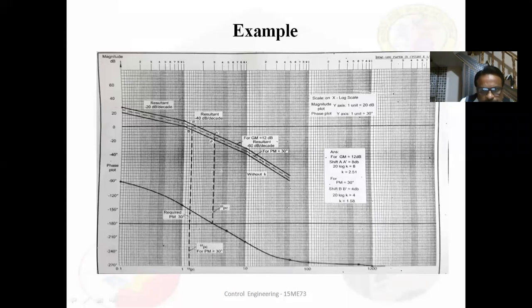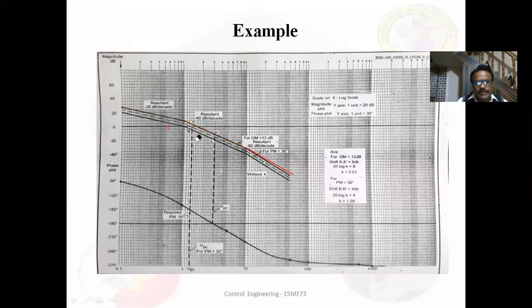We have to shift this A to A dash, that is 8 dB. Then draw a line parallel to this line. Then complete this. So this line is parallel to the resultant magnitude when k value is equal to 1.